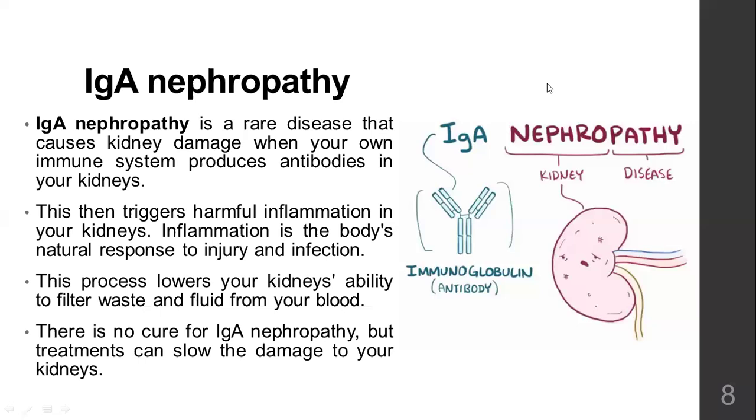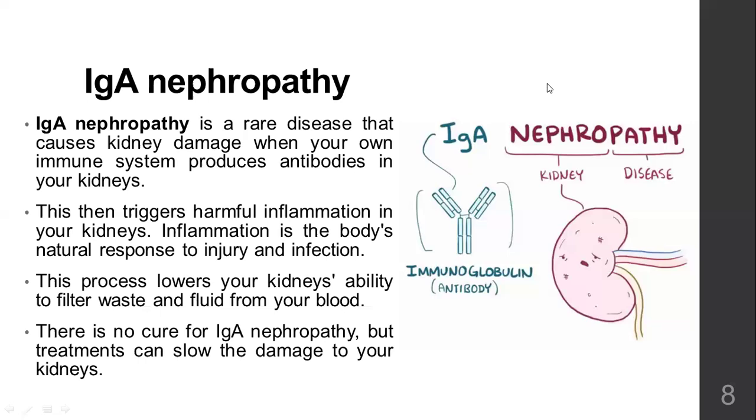But here antibodies are produced to fight your own kidneys. That is nephropathy. This triggers harmful inflammation in your kidney because your kidneys are constantly under attack from your own antibodies. And inflammation is the natural response of your body to any injury or infection.